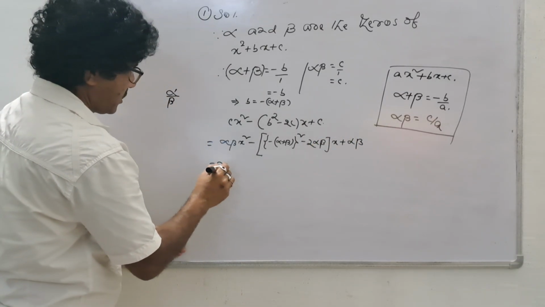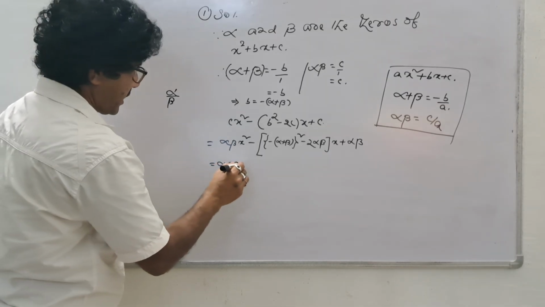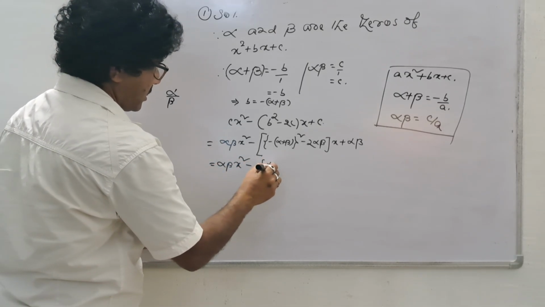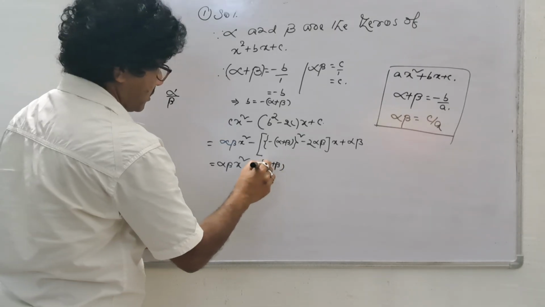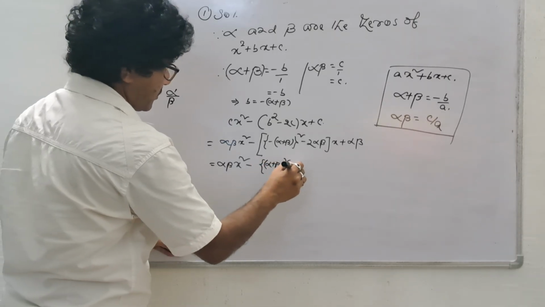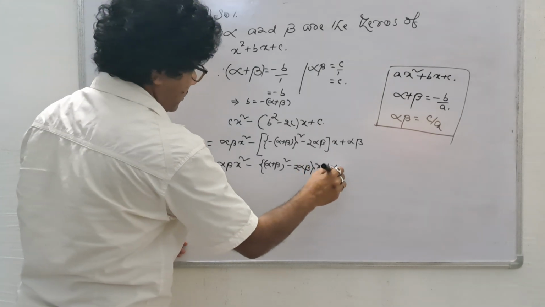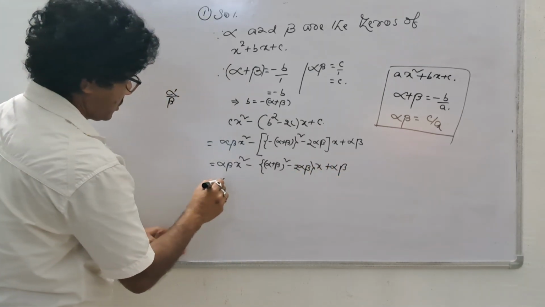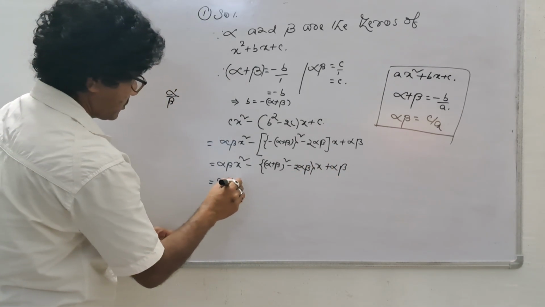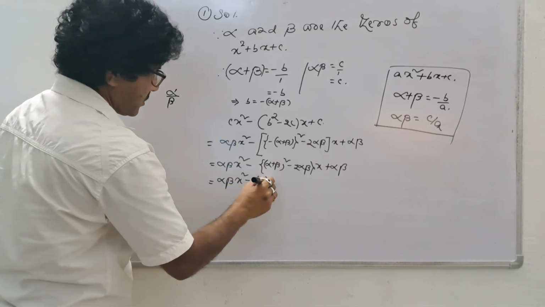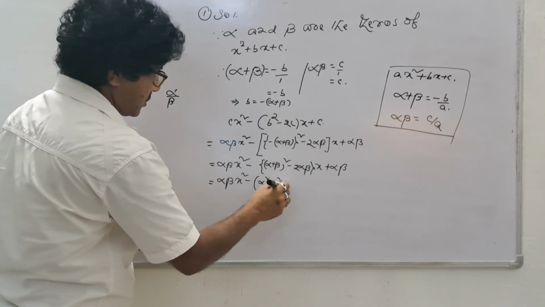And now you see: alpha beta x squared minus (alpha plus beta whole square minus alpha beta) x plus alpha beta. The formula is: a plus b whole square minus twice ab gives a square plus b square, so it is alpha square plus beta square.